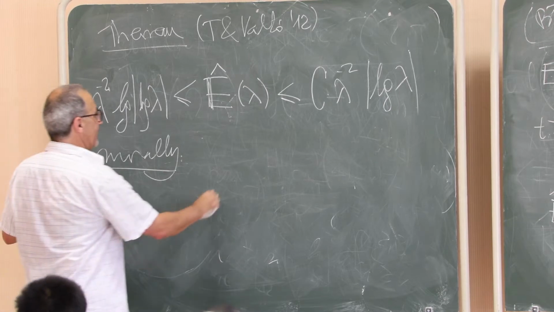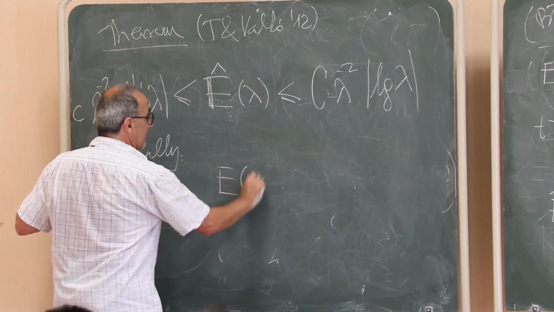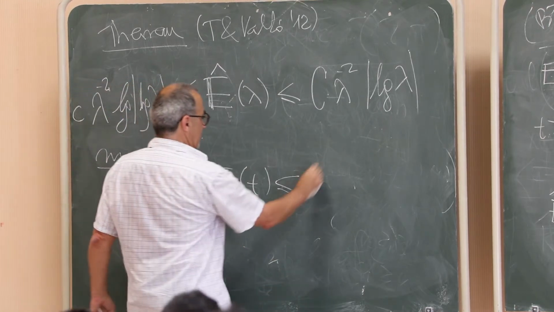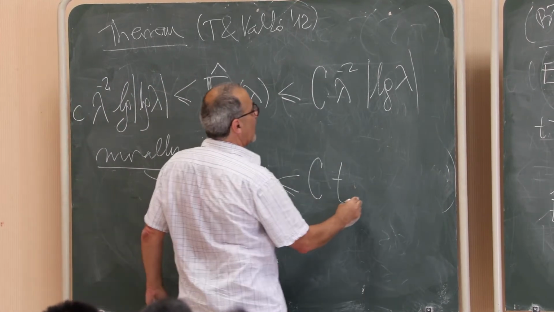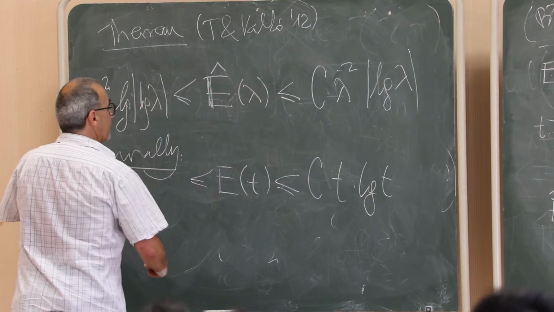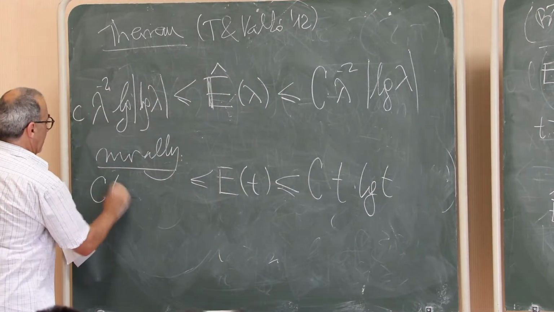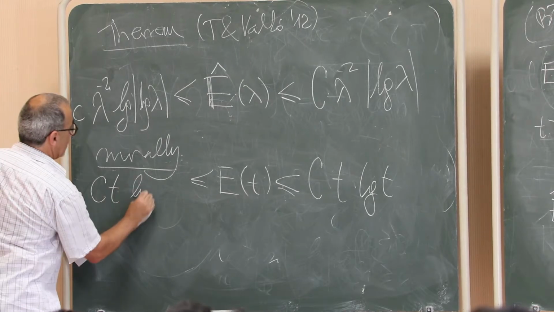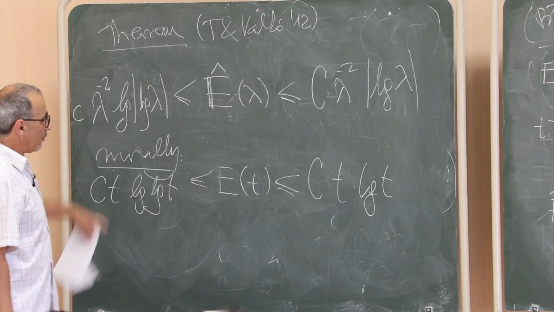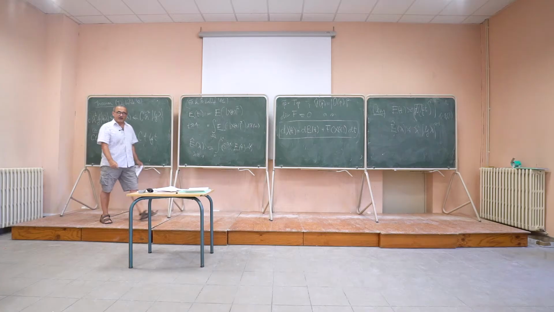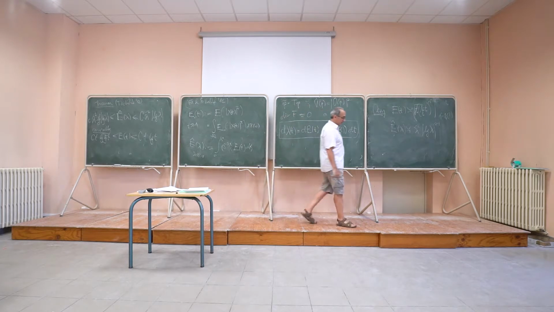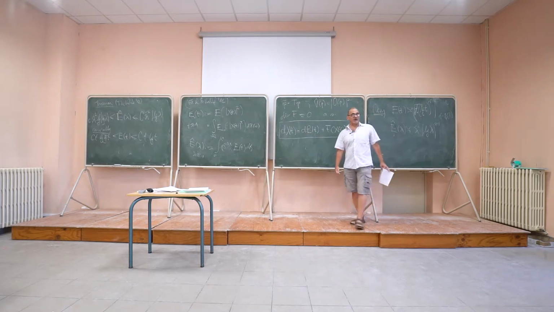this means that E hat ET is less than constant t times log t and greater than constant t times log t, rather than what you see there, but only morally, because you need some Tauberian inversion to get from the Laplace transforms, and we don't have the Tauberian inversion.